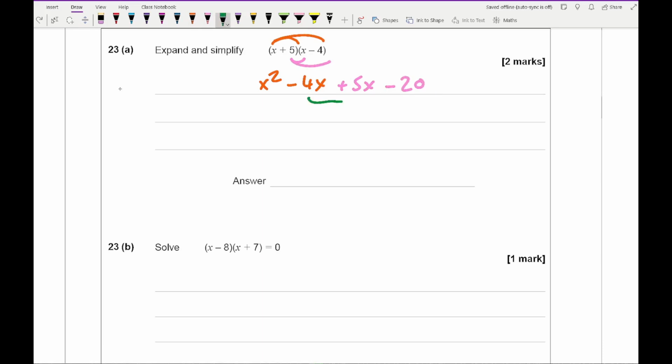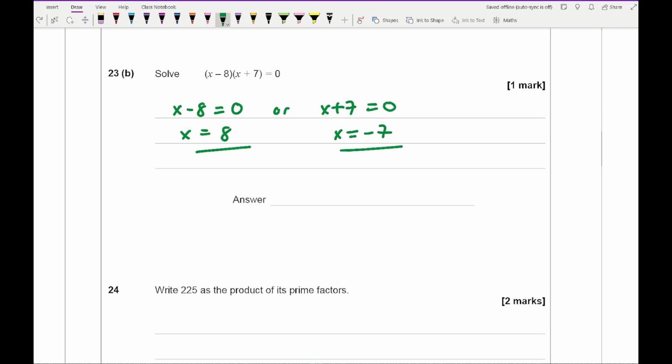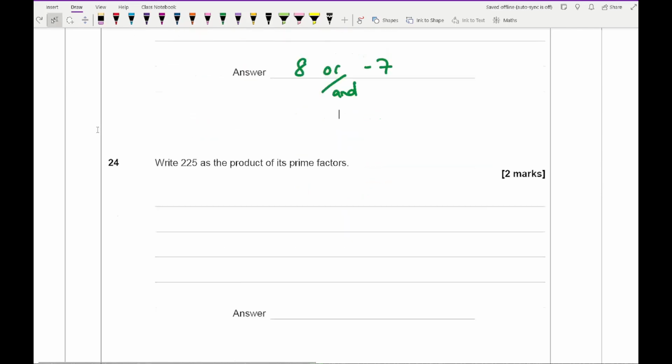Collect the middle two terms, in which we end up with x squared plus 1x minus 20. 23b, it says solve, so as it's already equal to 0, either x minus 8 equals 0 or x plus 7 equals 0, in which we end up with x equals 8 or x equals minus 7. So the answer then is 8 or minus 7. You can write and. It's entirely up to you which one you want to go for.